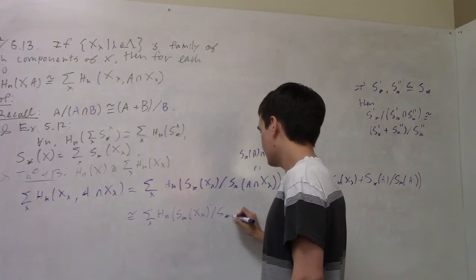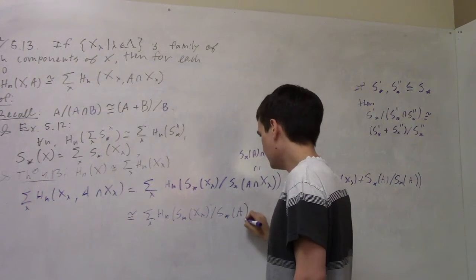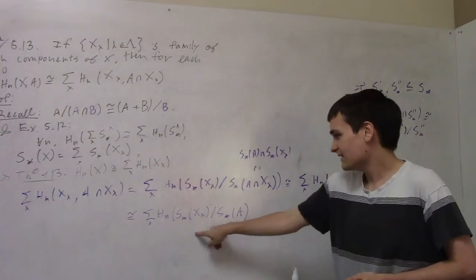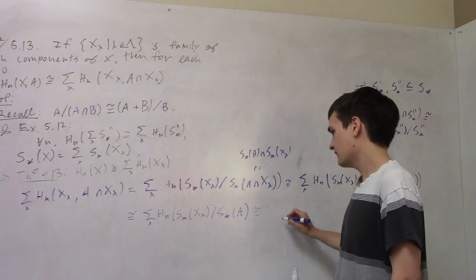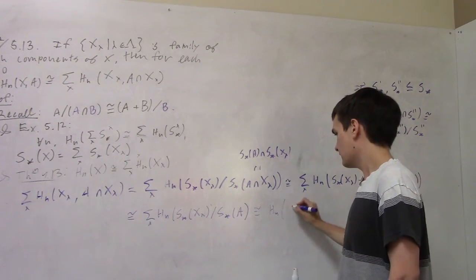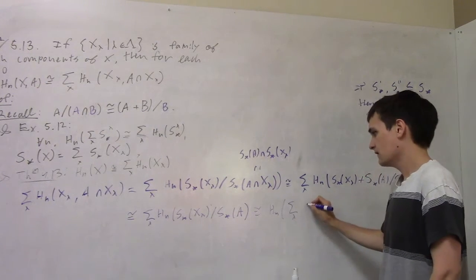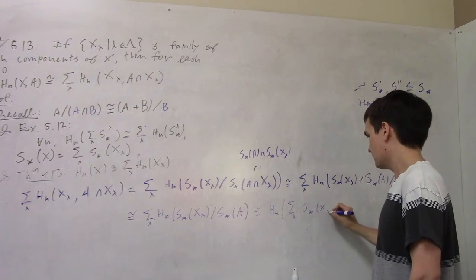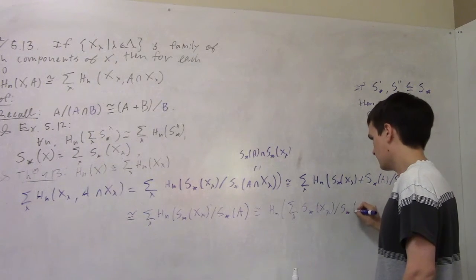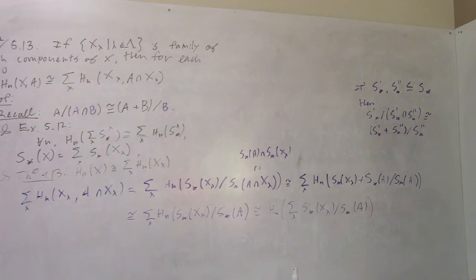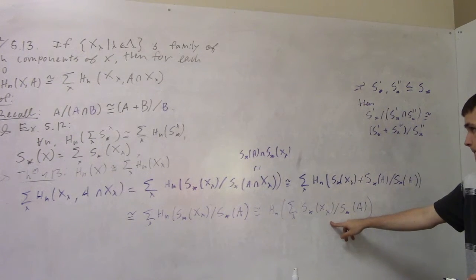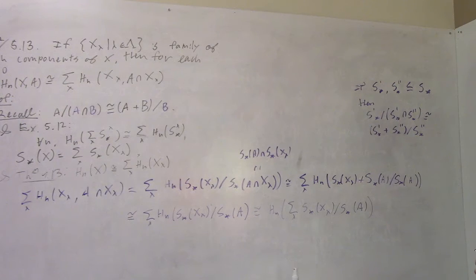Yeah, I'm sorry. And then now, pulling the Hn out. This then, let's see, what are we trying to get to? We're trying to get to H sub n of x comma a.